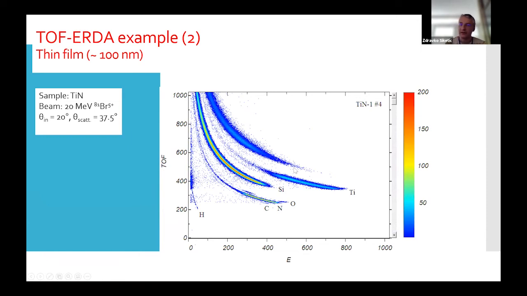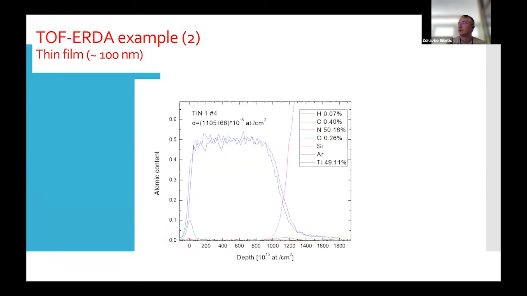And when you do the offline analysis using actually free software, you can really nicely get a depth profile. This is the depth profile of titanium nitride and all elements inside. So there is an oxygen peak at the surface.